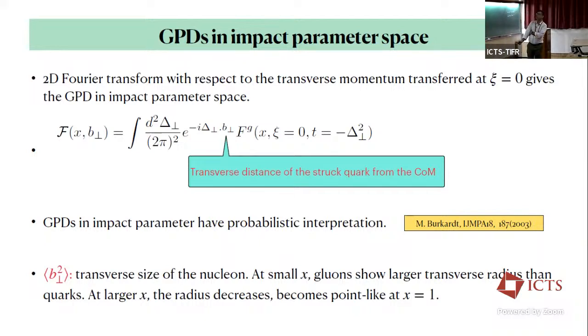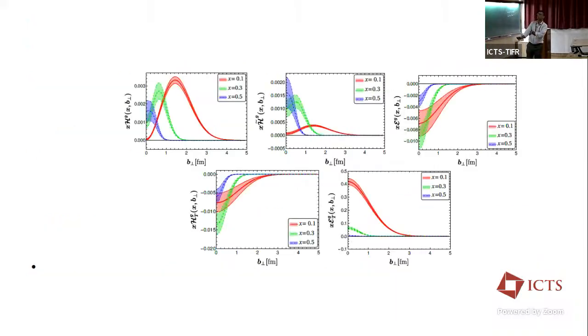You can see that from these plots. Here are the impact parameter dependent GPDs, and as you decrease x, you can see that they grow. For large x, they become 0 very quickly in impact parameter. And this is true for all these GPDs.